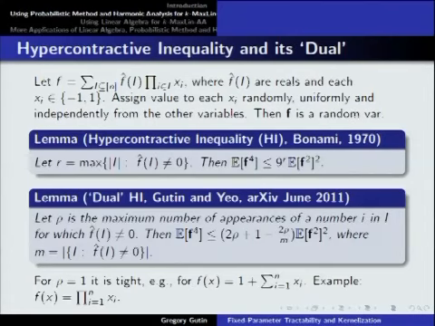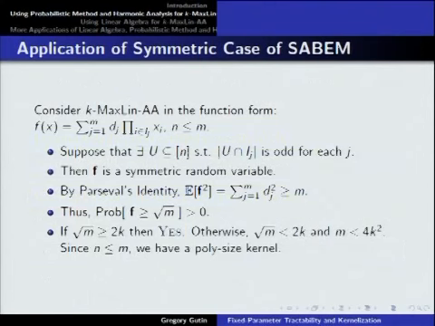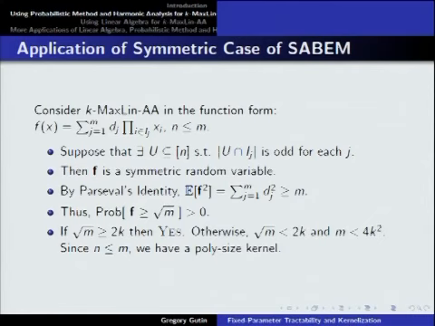So now let's use this method. To use this method, we consider our problem in function form. Namely, we are given what I call a pseudo-Boolean function. A pseudo-Boolean function is one which maps {-1, 1} to the power of n to the set of reals.